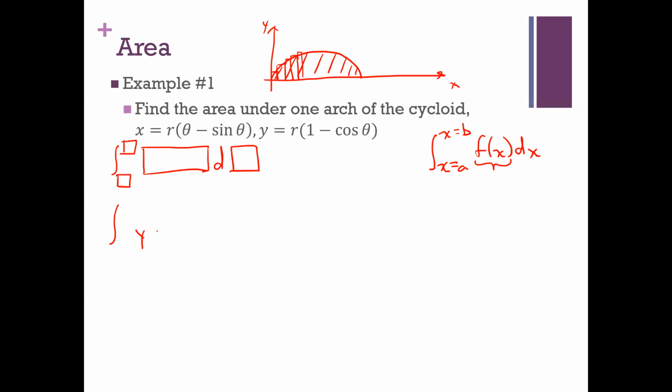So let's represent this integral this way. I want to integrate from some a to some b of y as a function of theta times dx d theta times d theta. So basically, if I have a parametric curve, which I do, I want to integrate the whole thing with respect to that parameter.